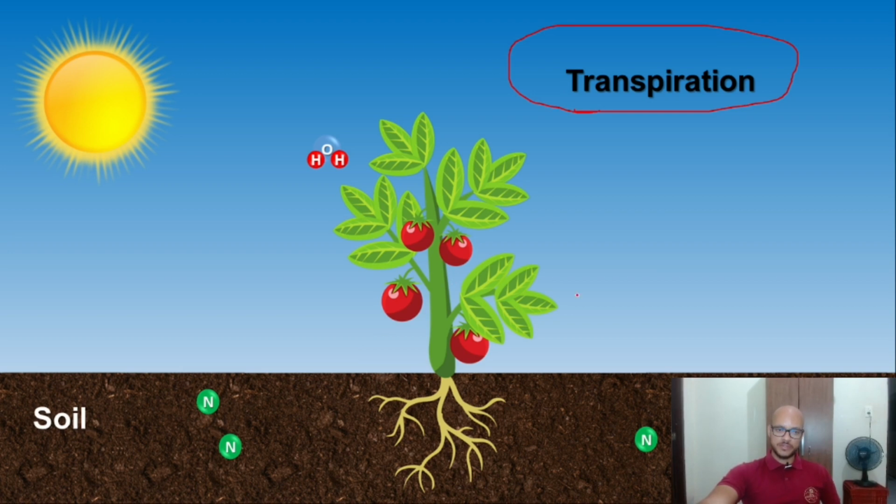So it's really important, okay? That's the way plants can absorb and use the nutrients. So they need water and they need nutrients, like the elements.